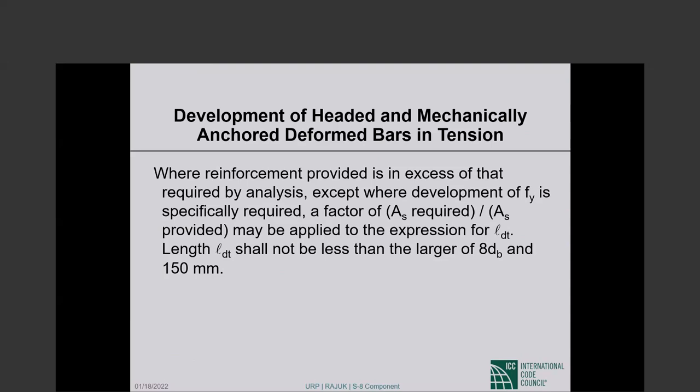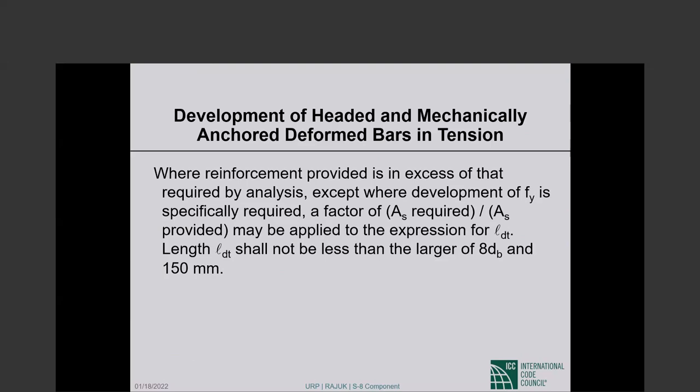Okay. This excess reinforcement factor has been eliminated from subsequent editions of 318. I don't remember when it went, but it went because here part of the stress transfer is by bond, only part. The remainder of the stress is transferred by bearing of the head on the concrete.